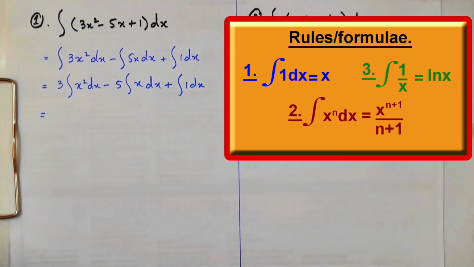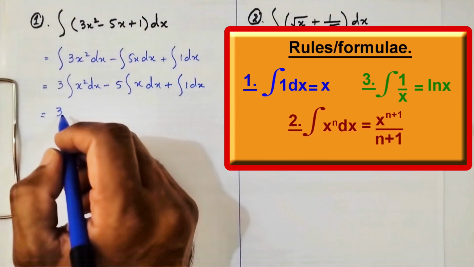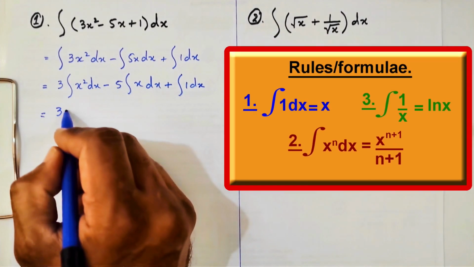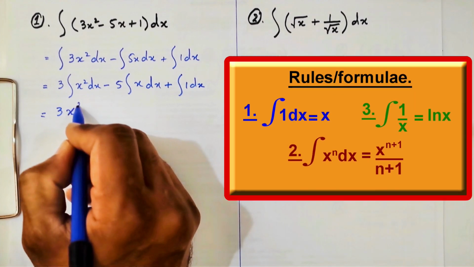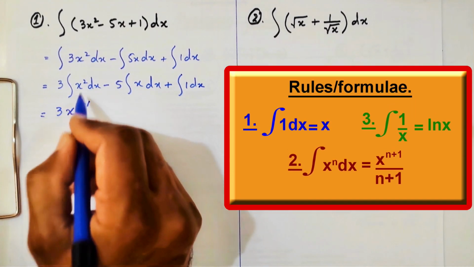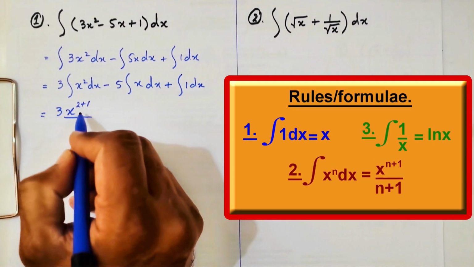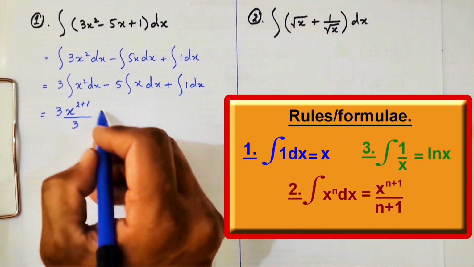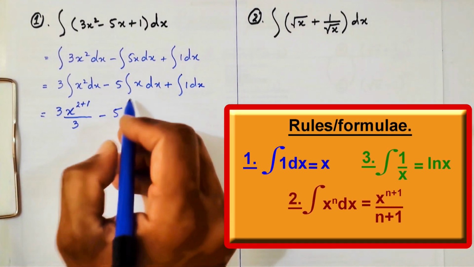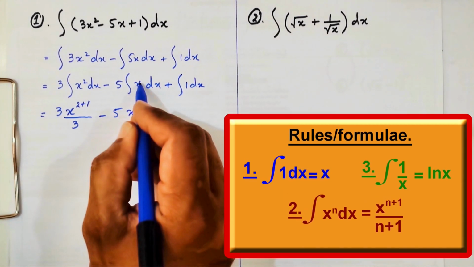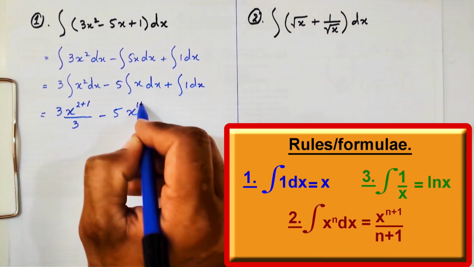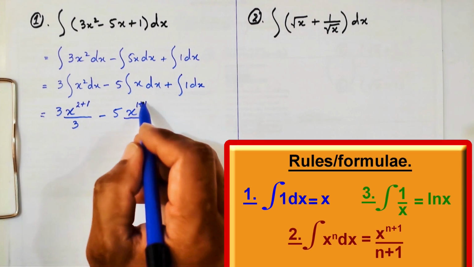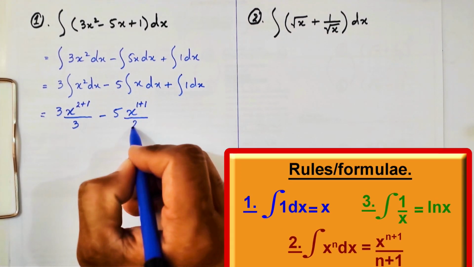Now here we apply the integration rule as you've seen before. For x raised to power n, we add 1 to the given power and write the result in the denominator. 2 plus 1 is 3. Same as here, the power of x is 1. We add 1 to this power and write the result, which is 2, in its denominator.